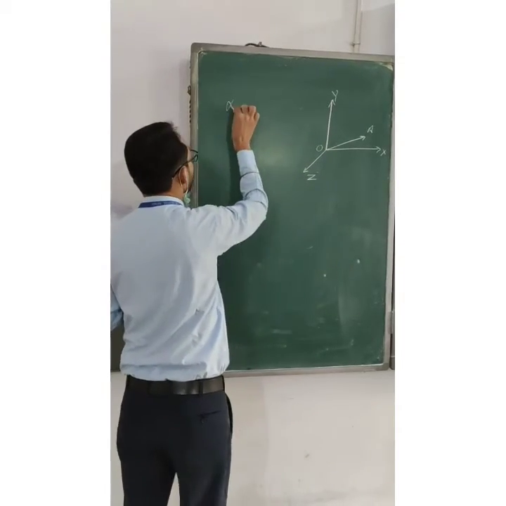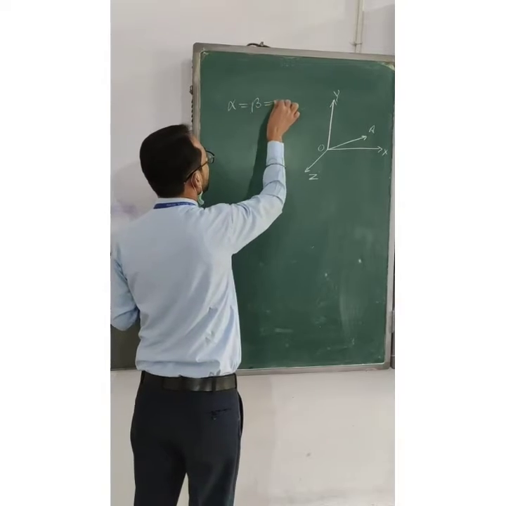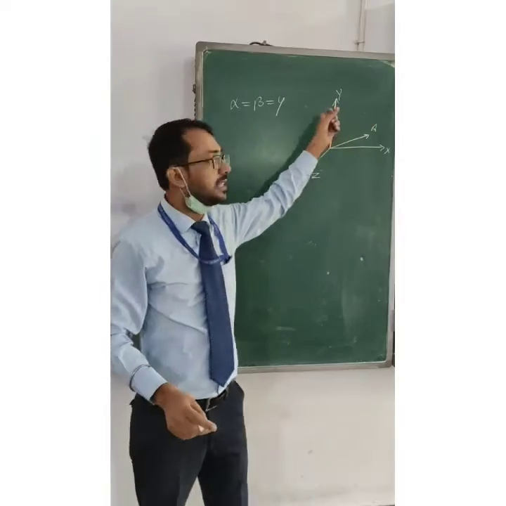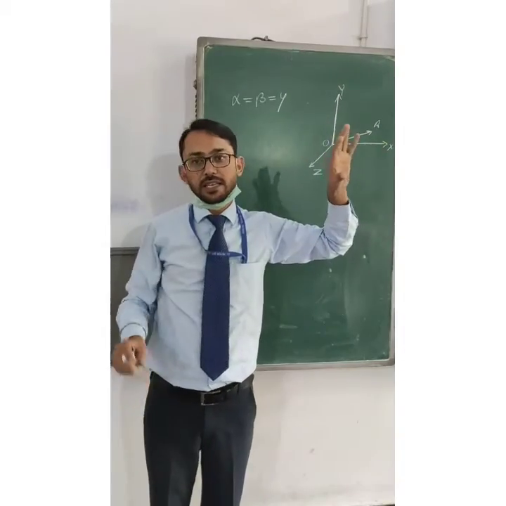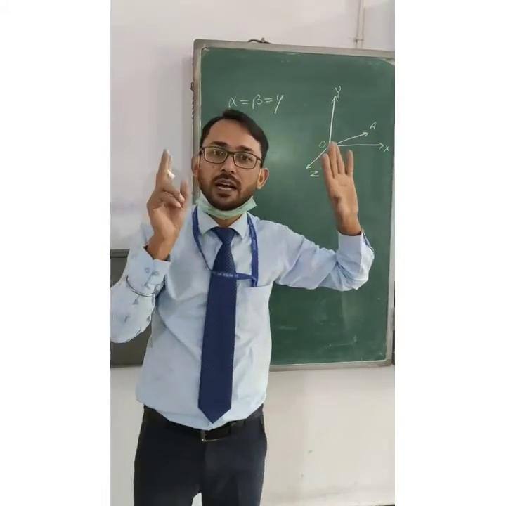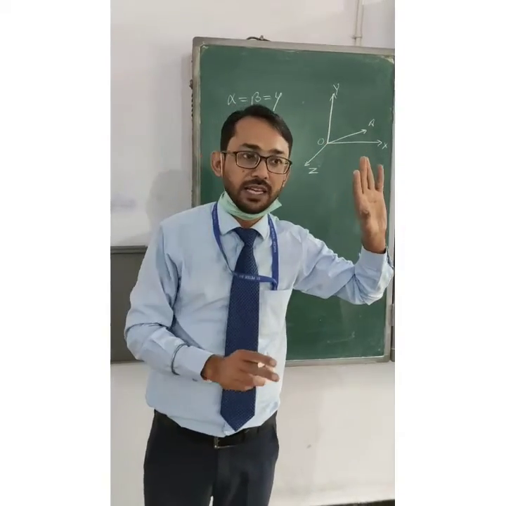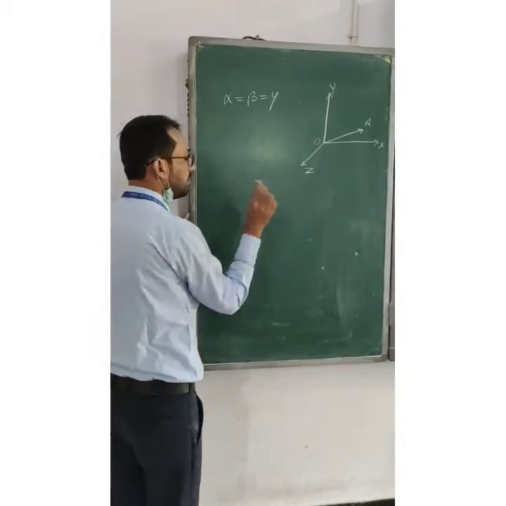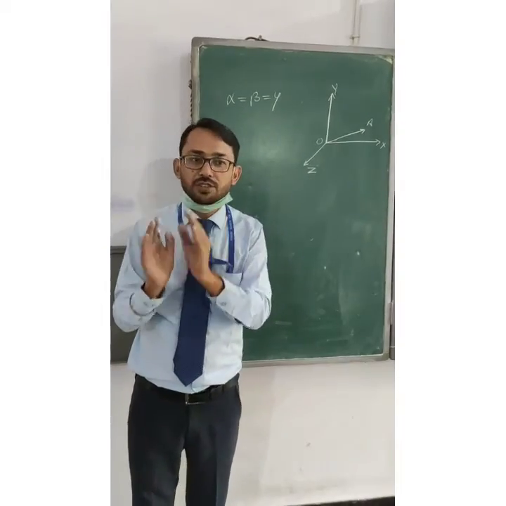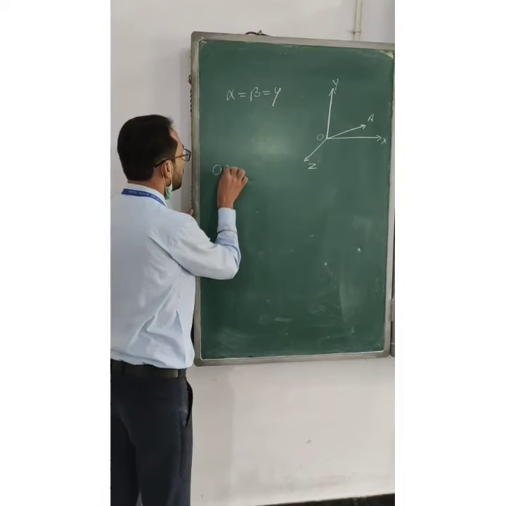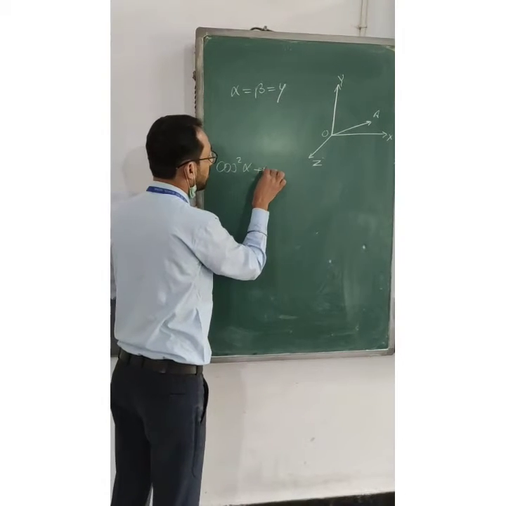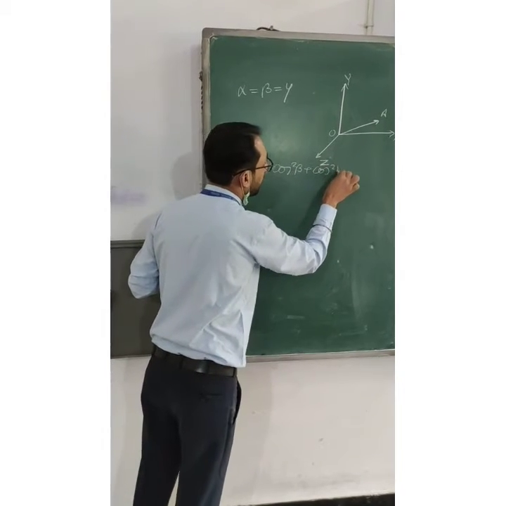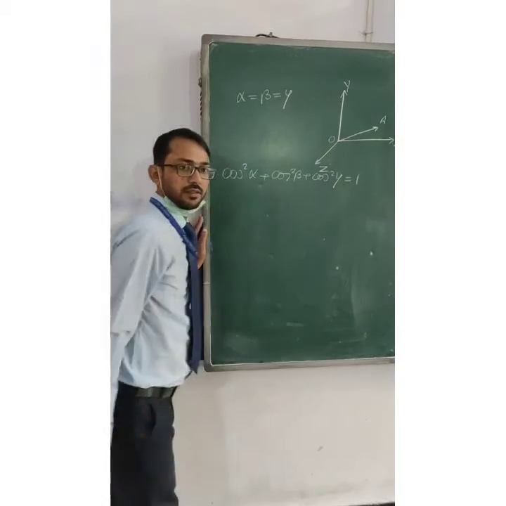Means angle alpha equals angle beta equals angle gamma. It is said that the vector is making equal angles, and angles we represent with alpha, beta, gamma because of the direction cosines. So these are given as equal. We know the relationship between the direction cosines: cos square alpha plus cos square beta plus cos square gamma equals 1.